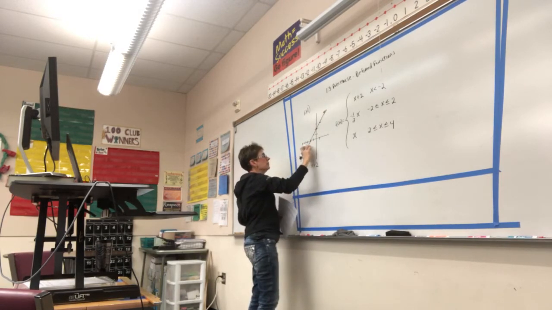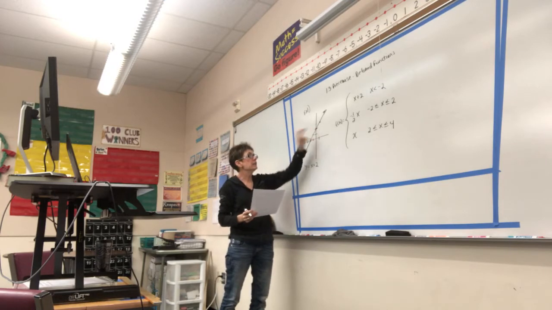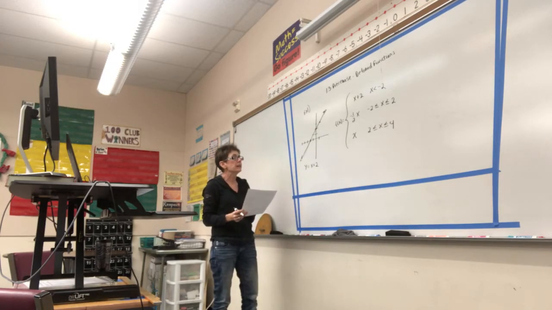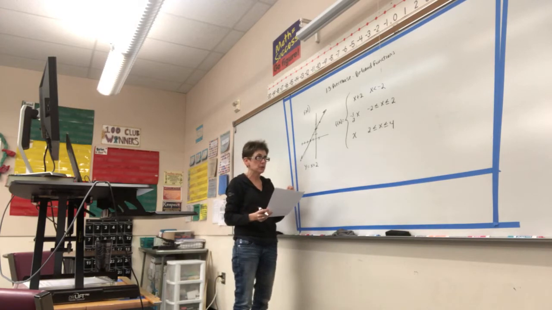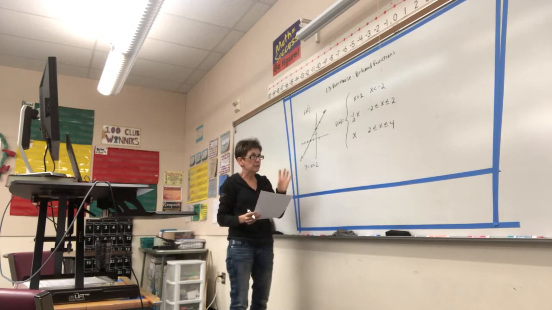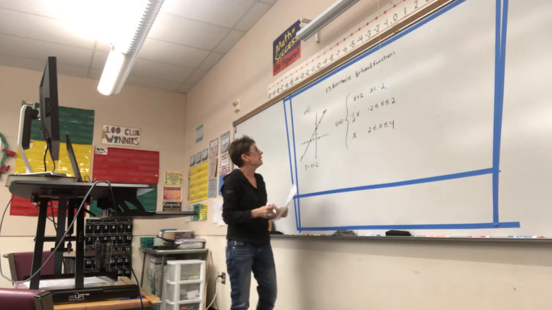That looks pretty good. Okay, so I've drawn the line here, y equals x plus 2. It has a y-intercept of 2 and a slope of 1. Now notice, however, that because this is a piecewise function, this is only one of the pieces. And this is the piece that applies when x is less than -2.